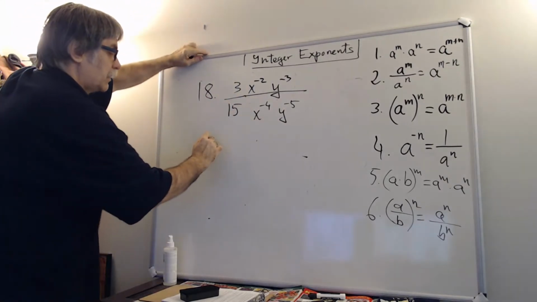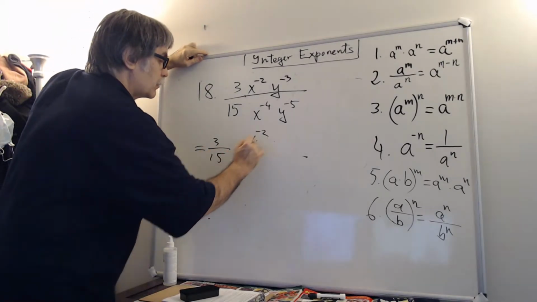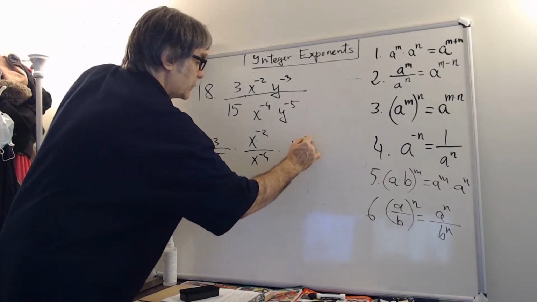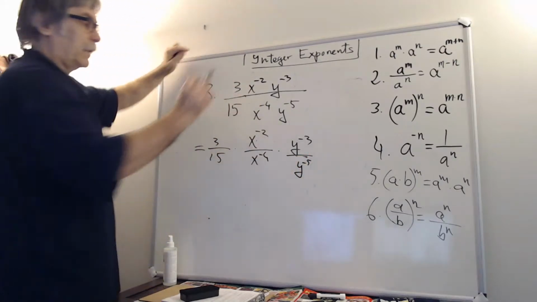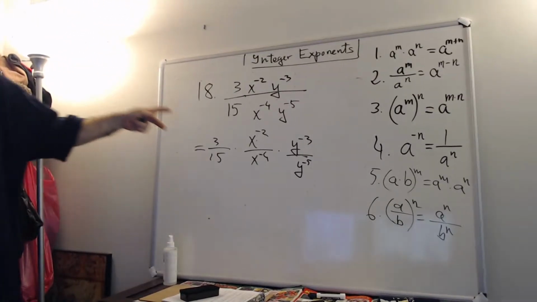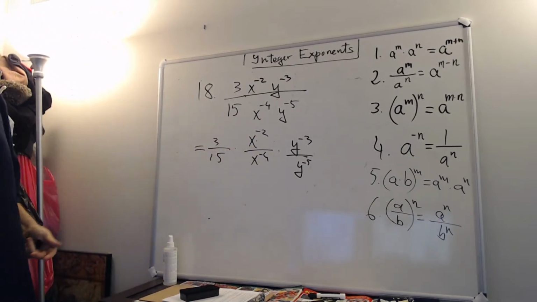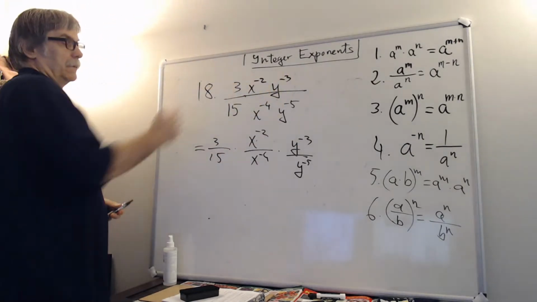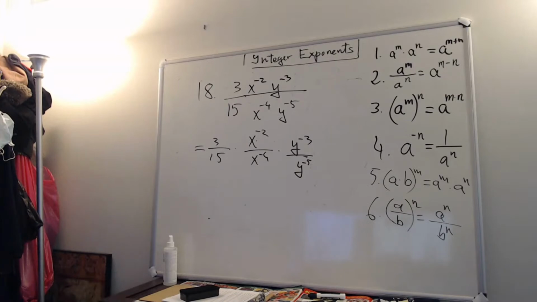I will split this into 3 over 15 times x to the power of -2 over x to the power of -4 times y to the power of -3 divided by y to the power of -5, excuse me. So this times this times this. Why is that? Is that possible? Of course it is, because when I multiply this, I'm going to have this times this times this, which is here, and this times this, which is here. So I could do that.